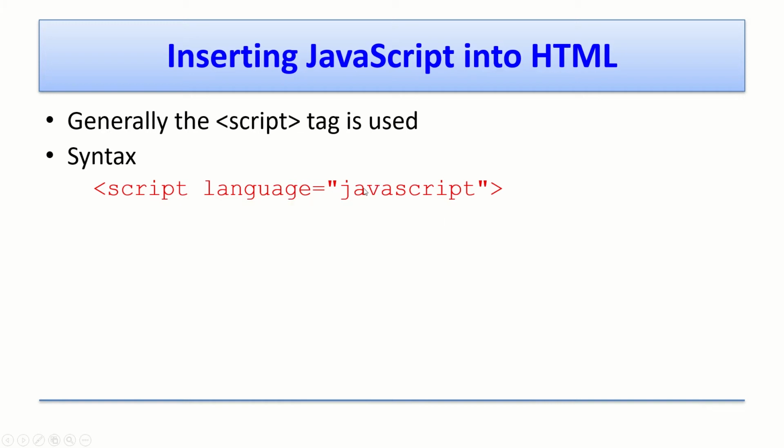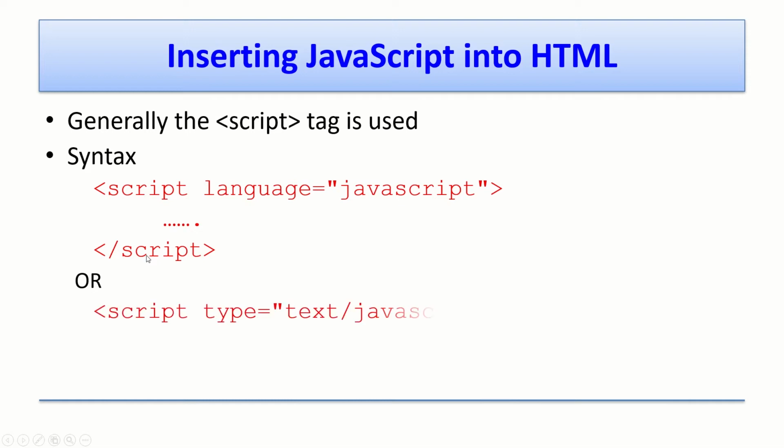For the language attribute, we can assign the name of our script, that is JavaScript, and then close it. Or we can say script, and there's another attribute called type. If you use the attribute called type, we have to set this value, that is text/javascript. So there are two methods.